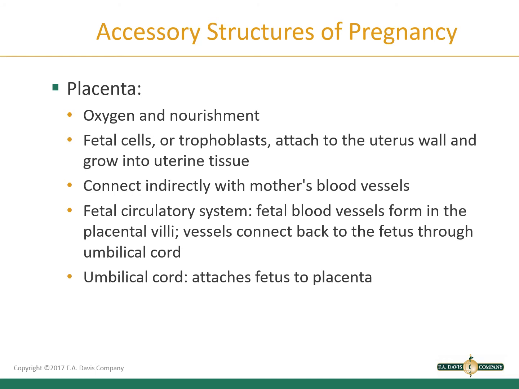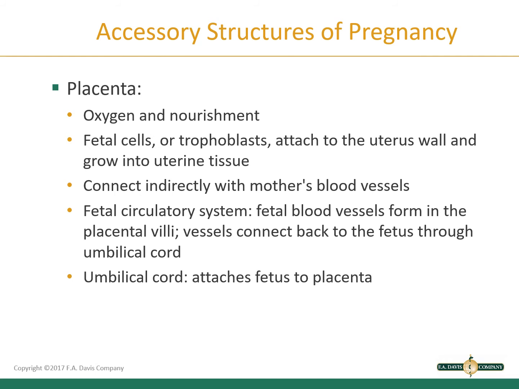As the cells that will be the placenta grow deep into the uterine wall, they connect indirectly with the mother's blood vessels. At the same time, the fetal circulatory system is also developing. The fetal blood vessels form the placental villi. The umbilical cord attaches the fetus to the placenta.